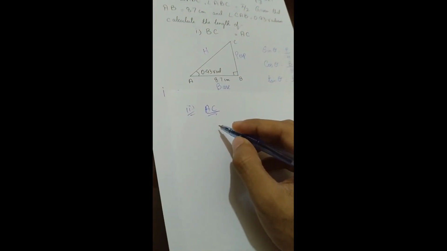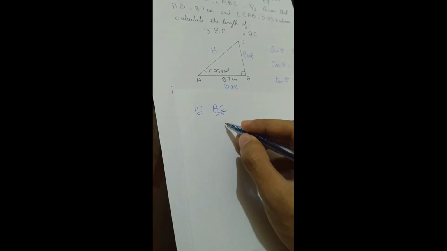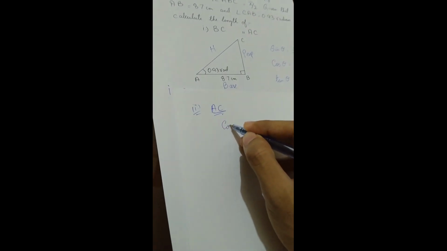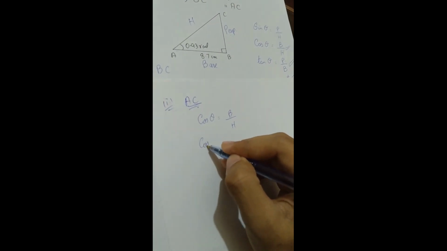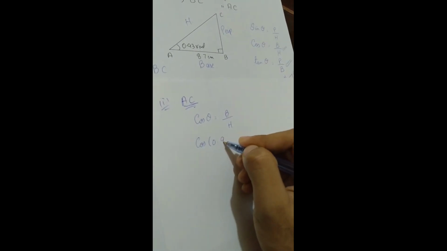Okay, similarly as we did in the first part, we have here cos theta equals base upon hypotenuse. Theta is our angle, so cos of angle 0.93 here.